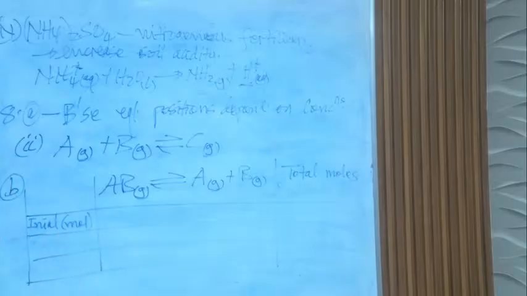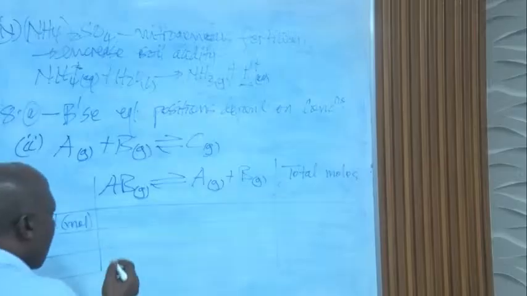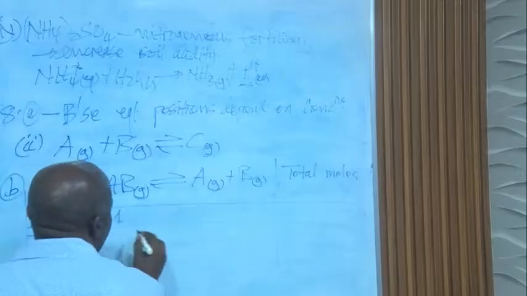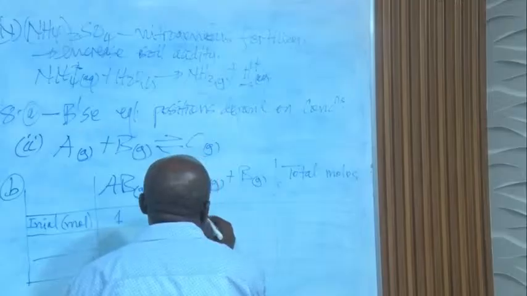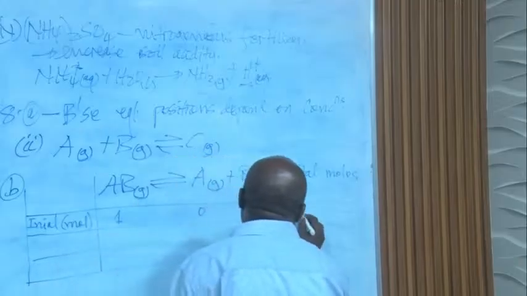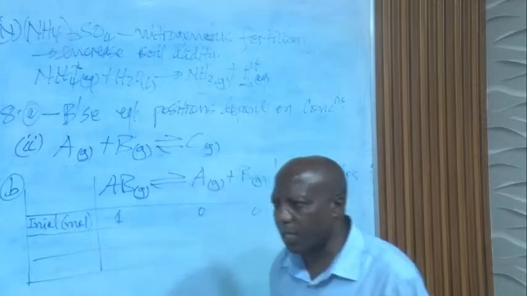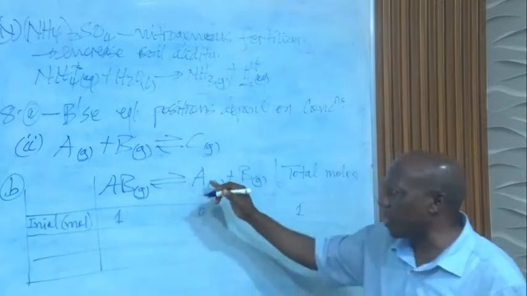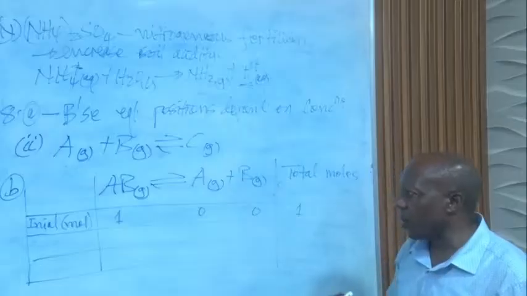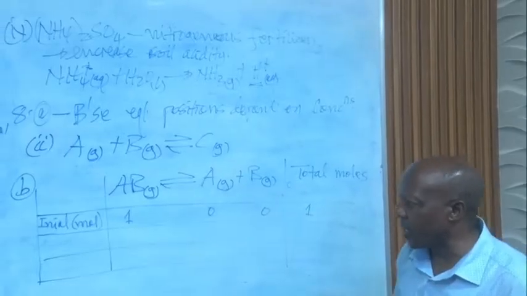We assume the initial moles to be 1, so here is 0, and total moles is 1. Before the reaction, there are no products. That is why the number of moles of A and B are 0.